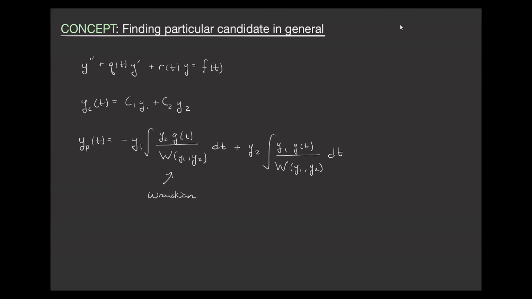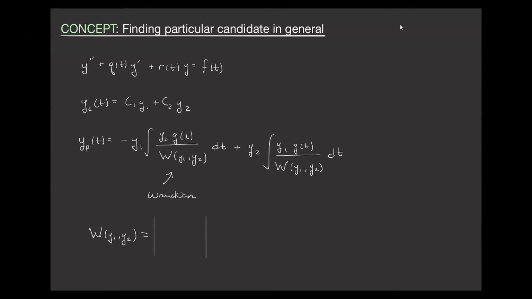So the Wronskian of 2 functions is the following. I'll just simply write it. The Wronskian of y1, y2 is equal to, we're going to look at a determinant. So we may want to look at determinants in general and talk about matrices.